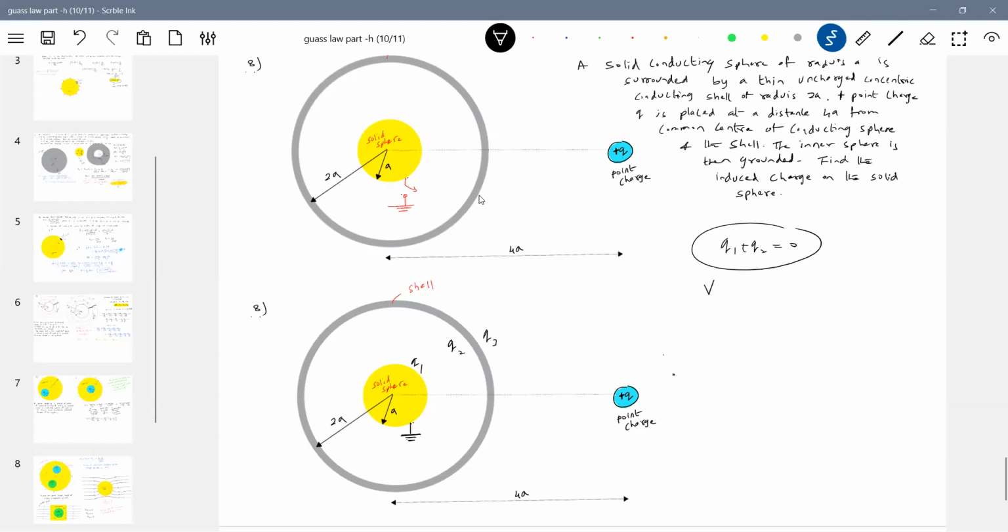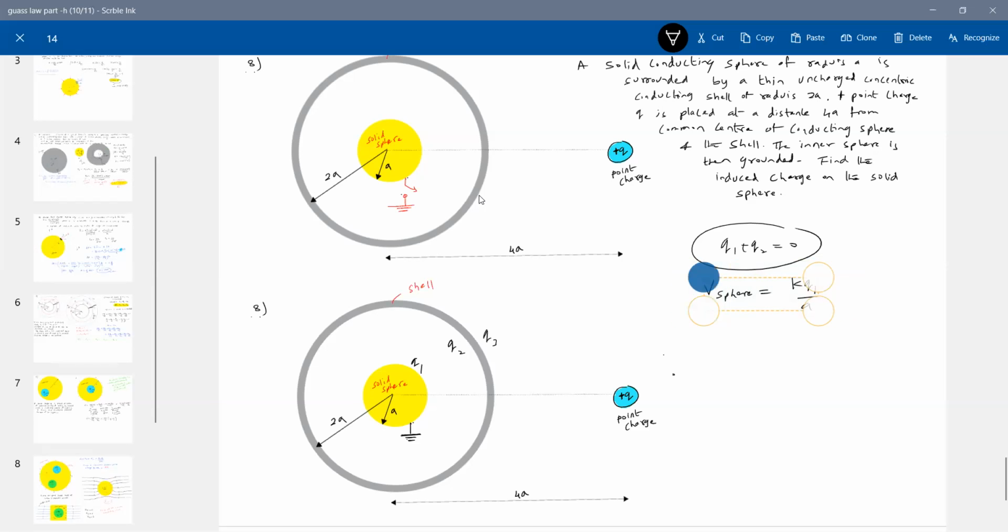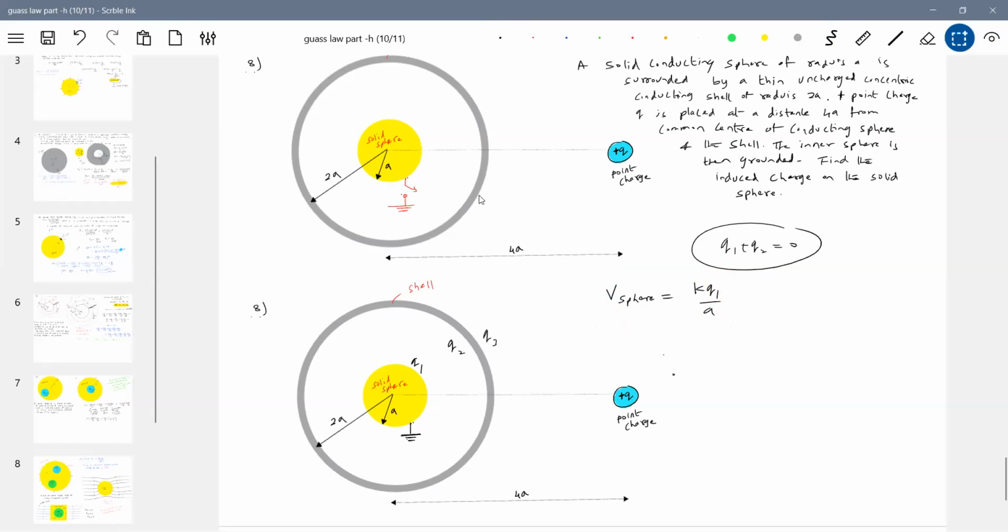So the potential of the sphere: what is the potential of the sphere? KQ1 by A. When it comes to potential, what should we do? We should take the potential due to all the charges present in the system. So KQ1 by A, plus KQ3 by 2A, plus KQ by 4A.